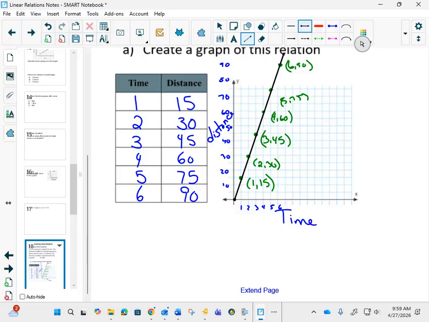So I could look at my graph and I could interpolate 3.5. I could go right in between here and then go straight across and say, ooh, that looks like 52.5 as my distance. And what was my distance? Time was in seconds. Sometimes we include a unit here to say time is in seconds, distance was in meters.